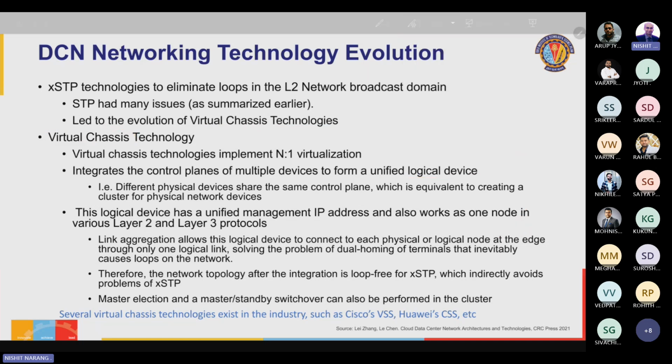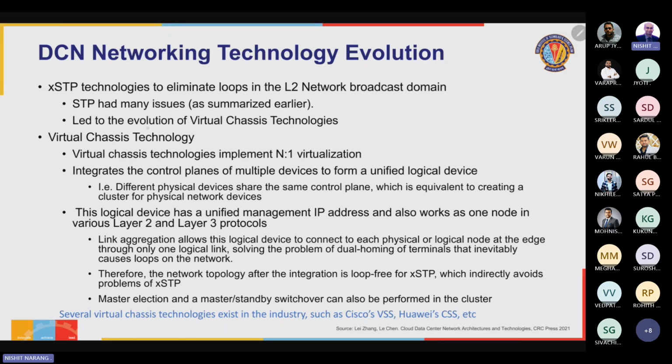So after STP challenges were discovered, the next step in the evolution path was the virtual chassis technology. You can treat virtual chassis technology as also a form of network function virtualization, even though it is not network function virtualization in the sense that we've discussed it, where NFV is more like creating VNFs, virtual network functions, which are software-based implementations of network functions.